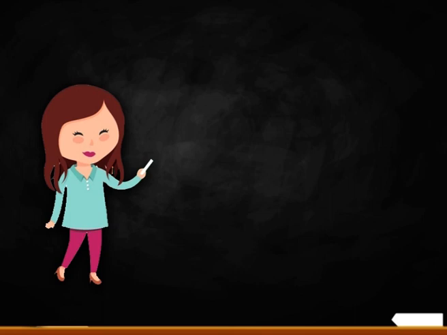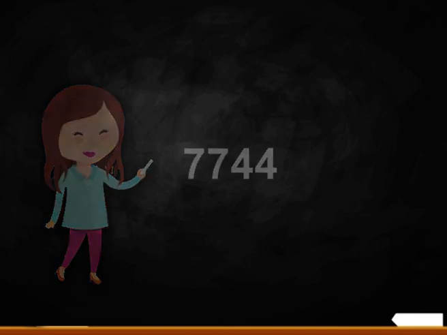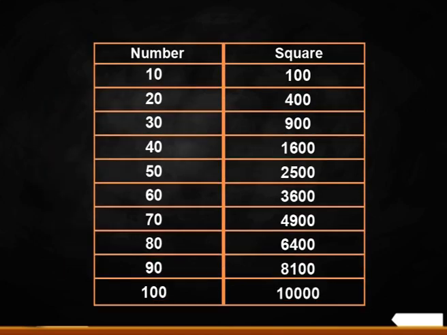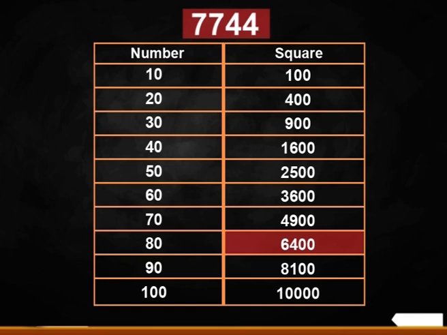Next, we consider the full number 7744. We find that the number 7744 lies between 6400, which is the square of 80, and 8100, which is the square of 90.